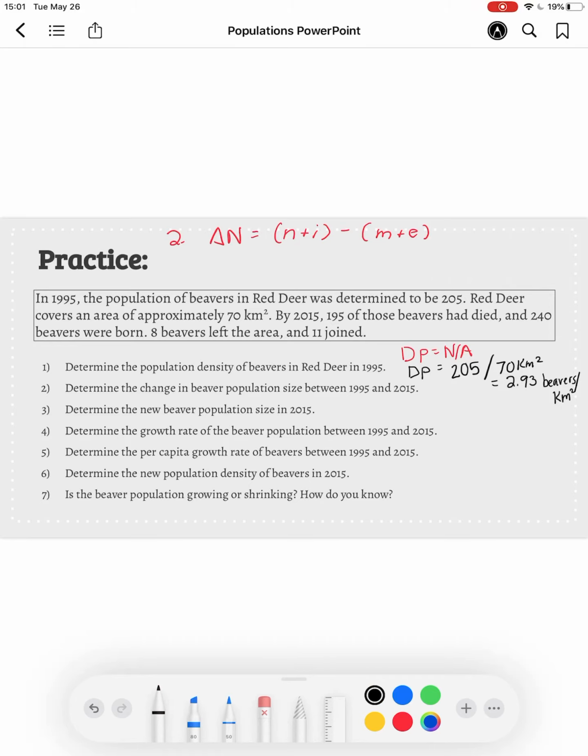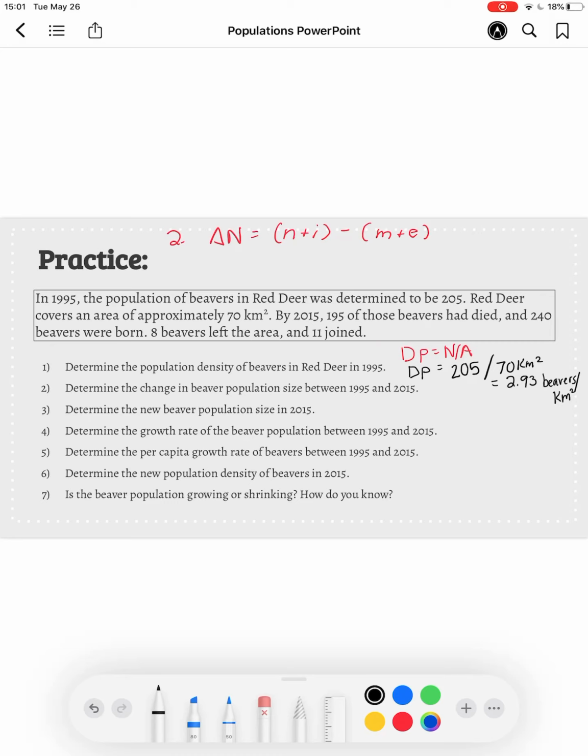If we look at this question, we're looking at it between 1995 and 2015. How much did the population change? Let's plug this information in.